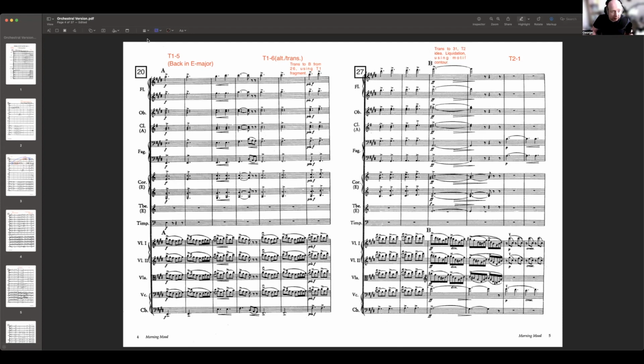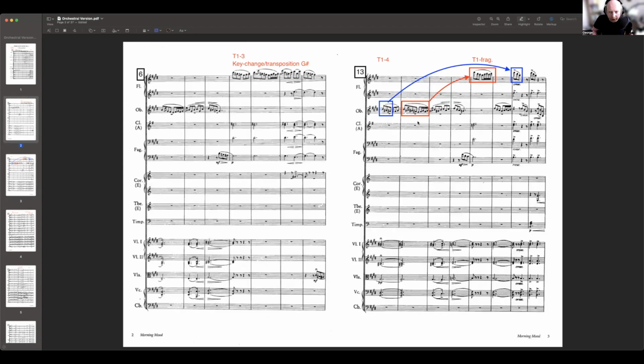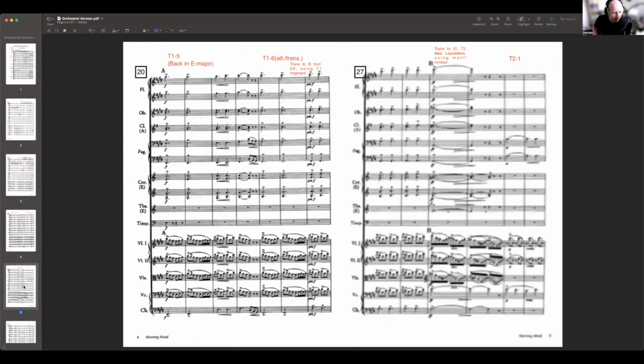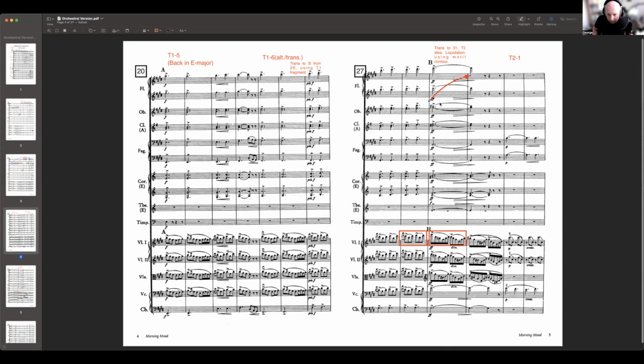I suppose again I'll just copy some of these across because it's quicker in preview to simply do something like this. Like that.